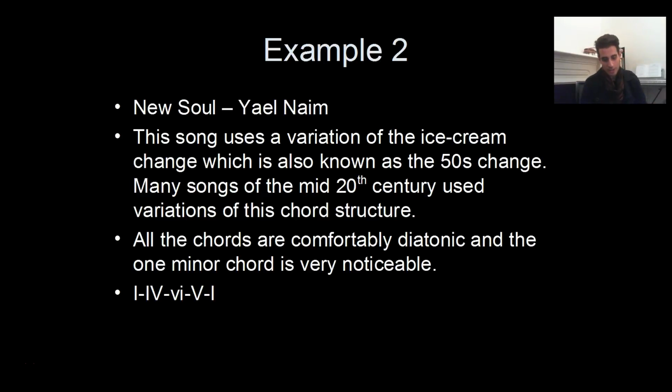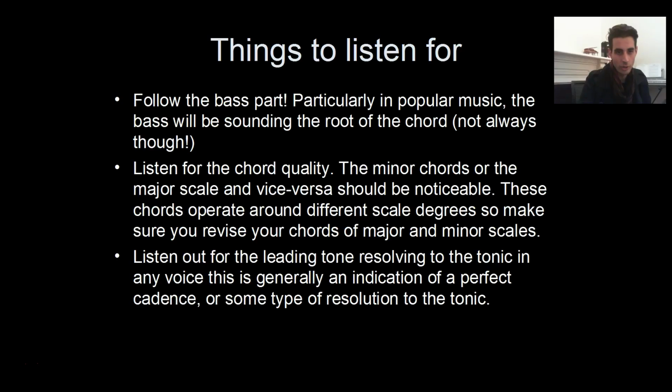So again, have a listen to this and pay particular attention to that minor chord that peaks out, and think about how it sounds in relation to those major chords again. Just a useful exercise.